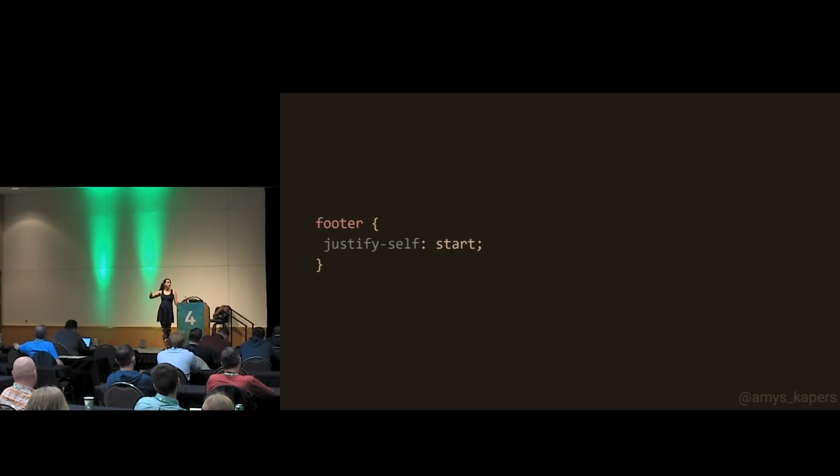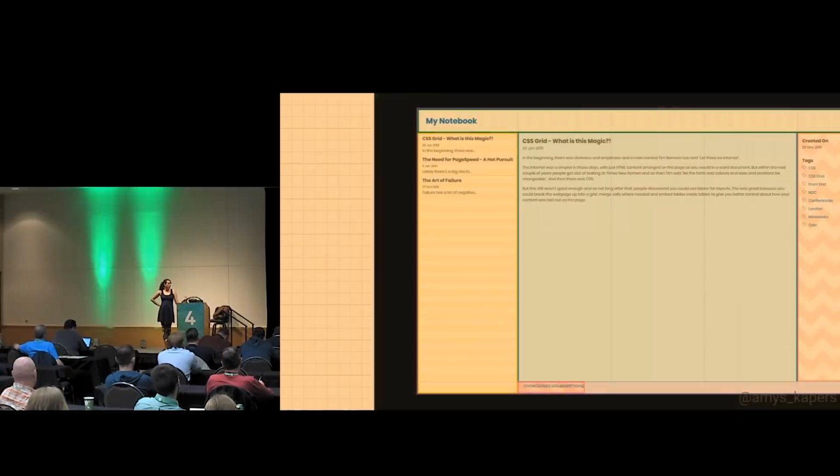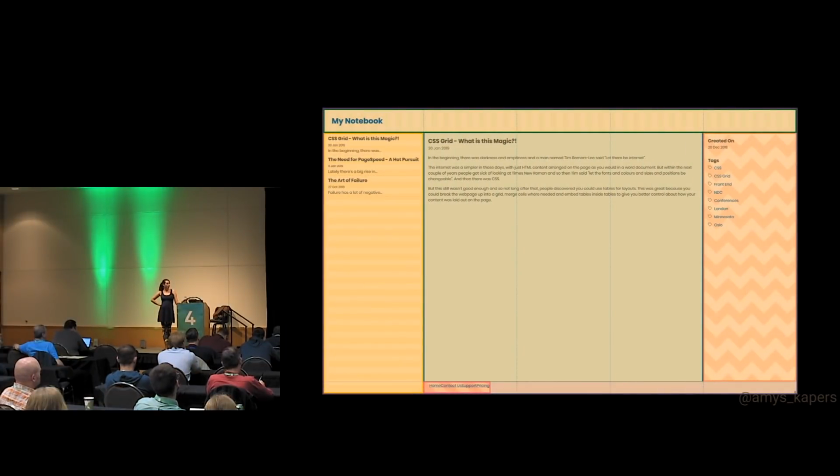So we're going to set justify self, so that's just the footer element. Justify means we're working in the horizontal axis, and justify self start, we're going to get the footer to just take up as much room as it needs. You can see vertically it's still taking up the full height because we've only changed the justify property.